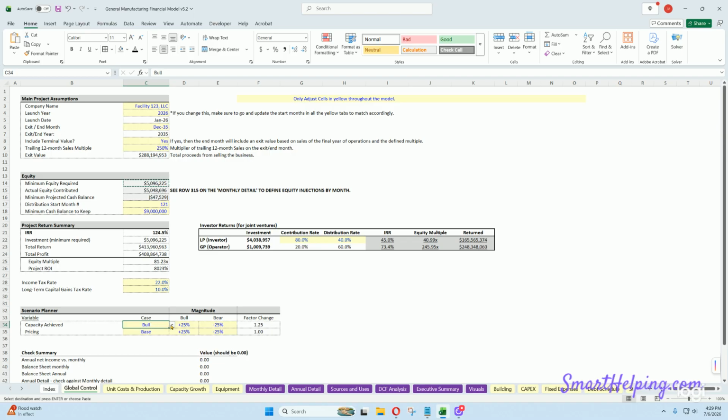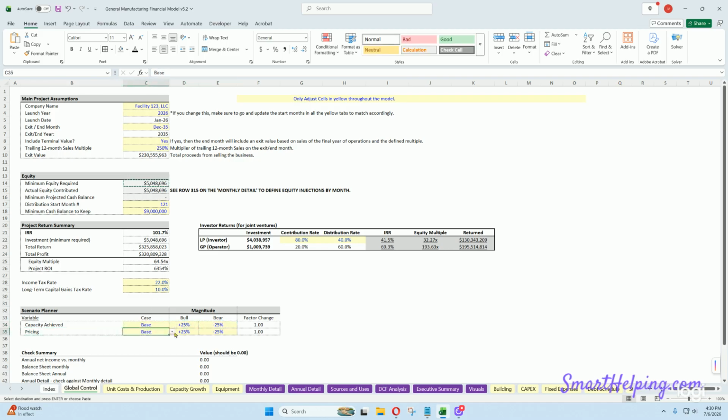If I put our capacity at bull, 25% higher capacity achieved than input in the base, at base it's 100% IRR, and at bear 77%. You can see the total profit over the 10 years, 232 million at bear. At base we're at 320. So that's about a 100 million difference. And then bull is 400 million. So you can see how changing that 25% up or down affects the bottom line.